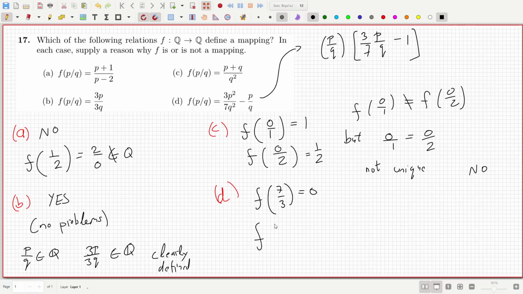And f of 14 over 6. Yeah, does that work? No, that wouldn't quite work.